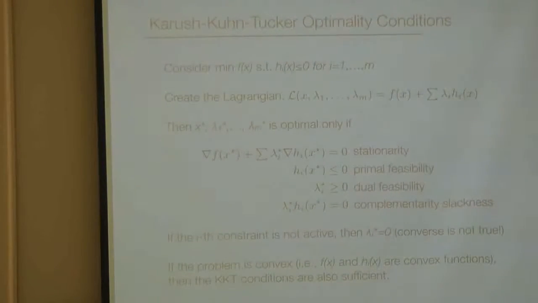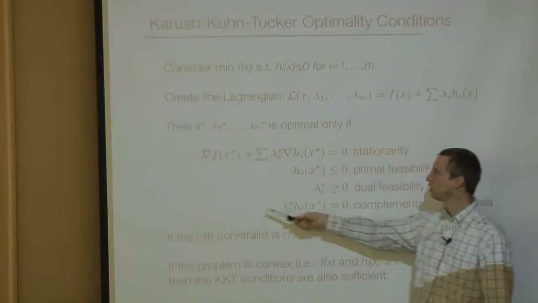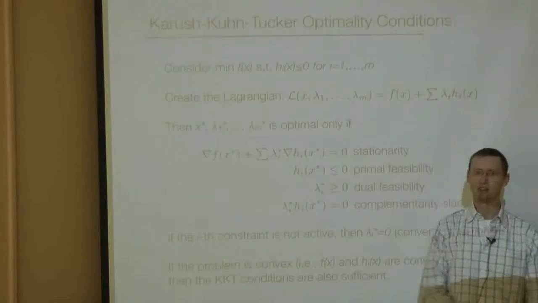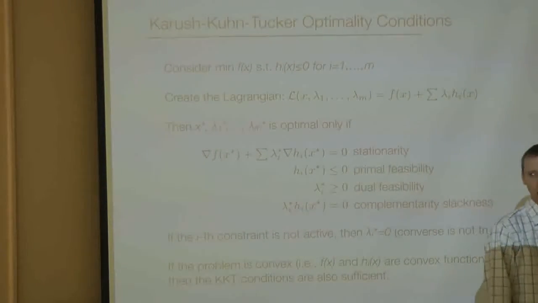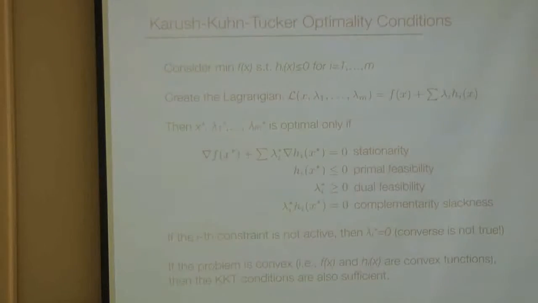And so this is a general procedure which allows us to solve arbitrary optimization problems, well, under the condition that the objective function and the constraints here are continuously differentiable. So that's pretty much the only condition that we have.